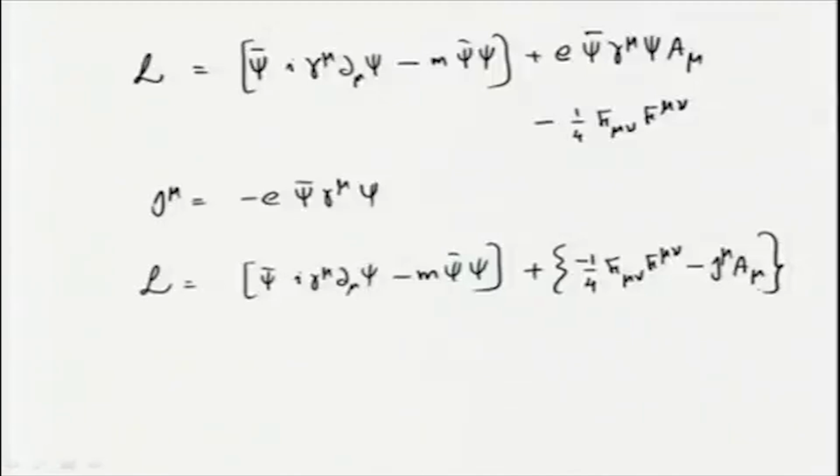So, we have a free Dirac equation and a Maxwell's equation with the photon interacting with the electromagnetic field, that term added. So, there is a free part for the psi, there is a free part for A mu, f mu nu, and there is an interaction term.